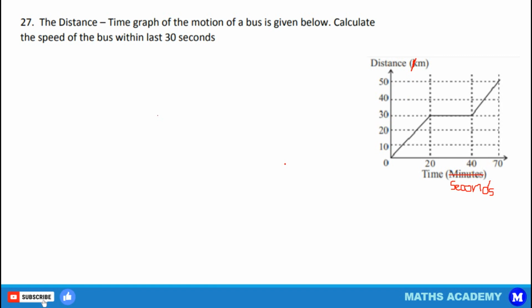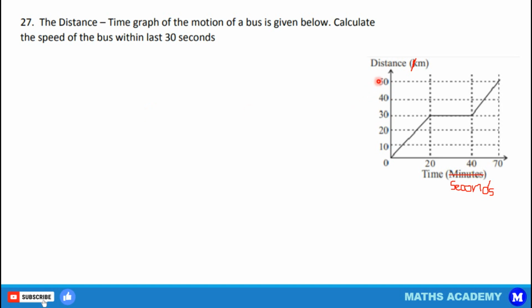So now we should calculate the speed of the bus within the last 30 seconds. The last 30 seconds is this portion of the graph. So we should take this point and this point. So first the amount of distance traveled within the last 30 seconds and the amount of time taken within the last 30 seconds, that is 30 seconds.